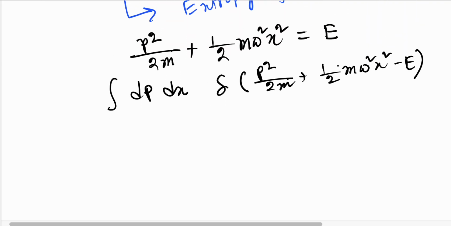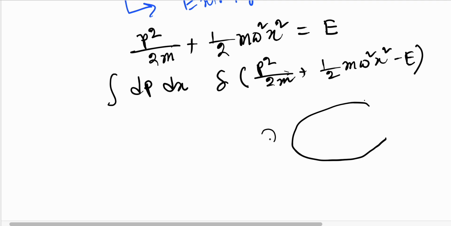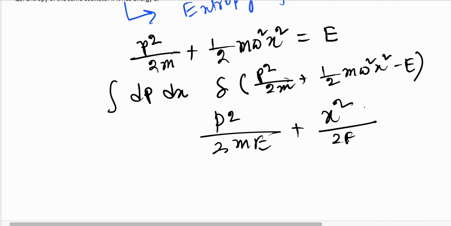And what is this? If you can draw it, it will look like p square by 2mE plus x square by 2E by m omega square equal to 1.